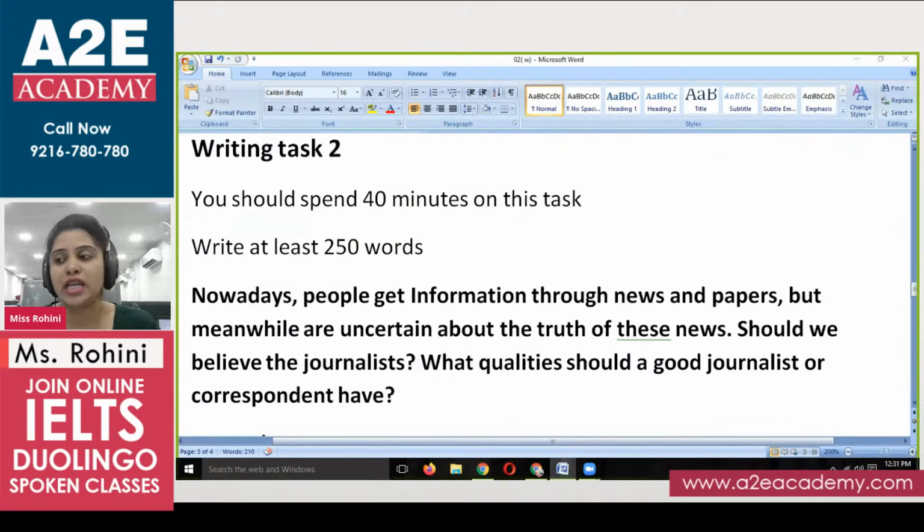That means 7 to 8 lines you have to write for both the paragraphs. Either you are writing 2 paragraphs or you are writing 3 paragraphs. Suppose if you are writing 3 paragraphs, then your weightage of paragraphs must be equal. Okay, and for conclusion, it would be okay if you are writing around 25 to 30 words into it.